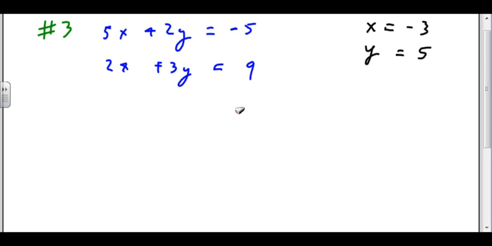All right, so what are we going to do first? We're going to use adding and subtracting. So what we're going to do is multiply the top equation by 2, and the bottom equation by 5, and then we're going to subtract.